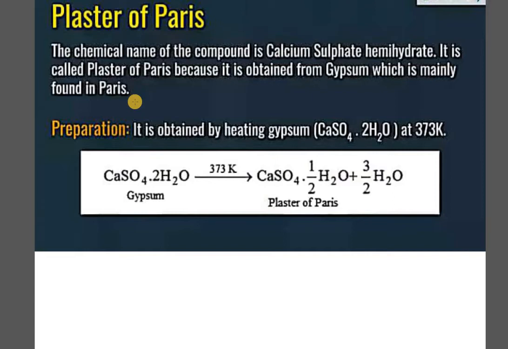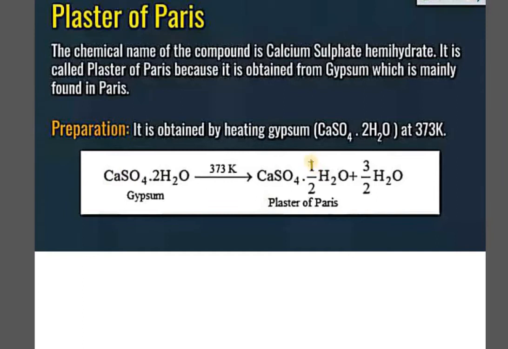Now, regarding its preparation, it is prepared with the help of gypsum. When we heat gypsum at 100 degrees Celsius or at 373 Kelvin, both are the same, it dissociates to form plaster of Paris plus 1.5 molecules of water. Either you write it as 3/2 water molecules or 1.5 water molecules, both are similar.